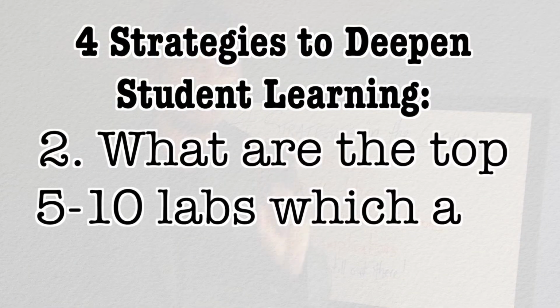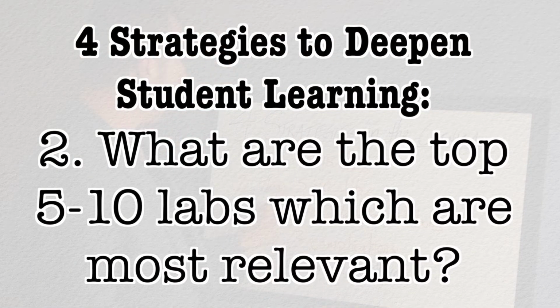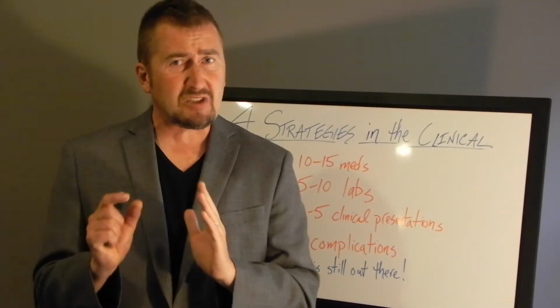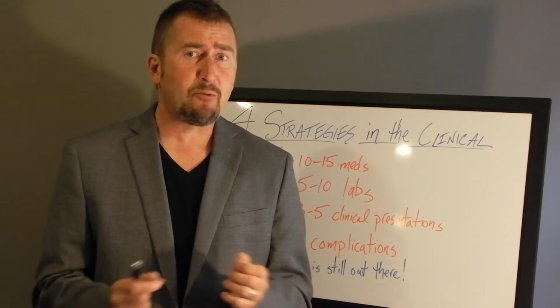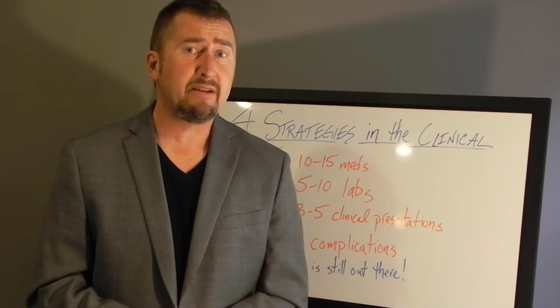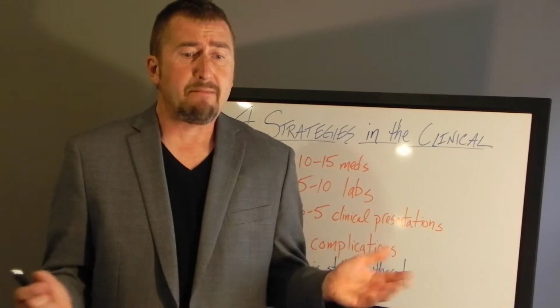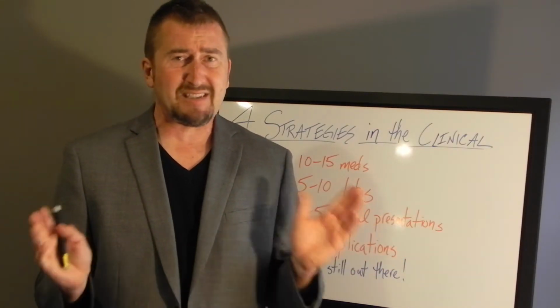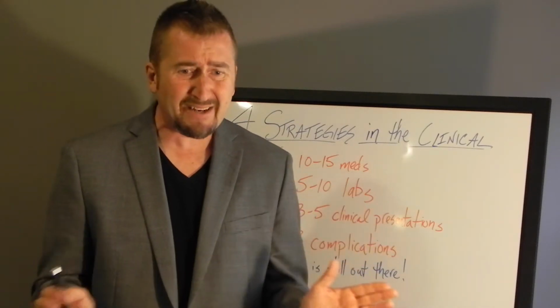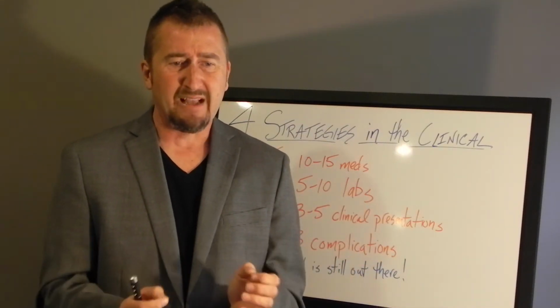Step number 2. What are the top 5 to 10 labs that are most important and most commonly used in this clinical rotation, based on the reason that patients are admitted to this unit? The typical med-surg clinical has no shortage of lab panels, often with a CBC or BMP having 10 to 15 labs per panel.